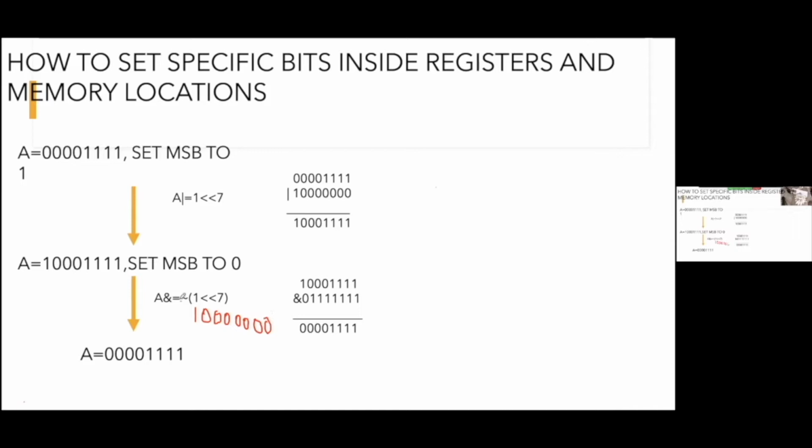Next we do the bitwise NOT. Bitwise NOT basically turns all zeros into ones and ones into zeros. It flips all the bits. So this 1 becomes 0 and all these other bits become 1.